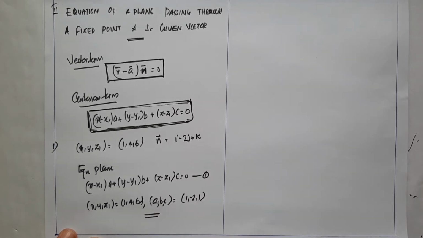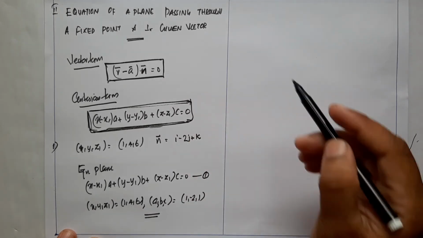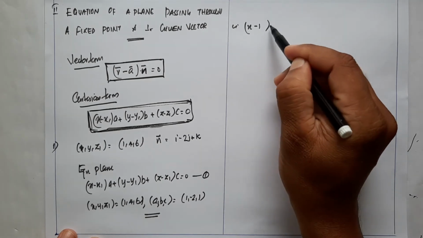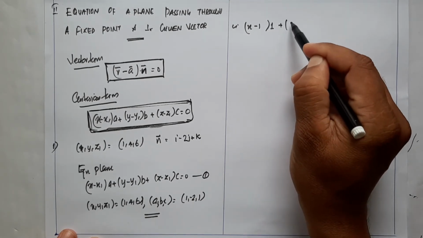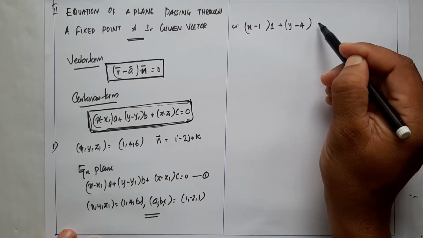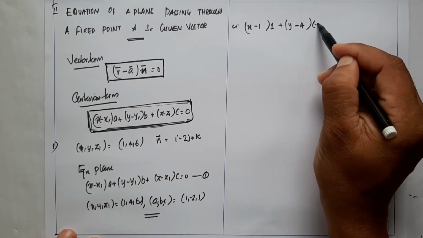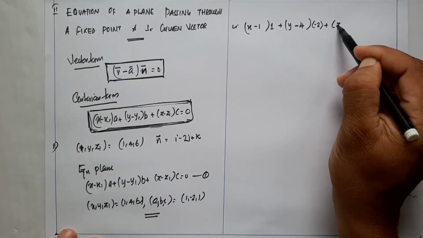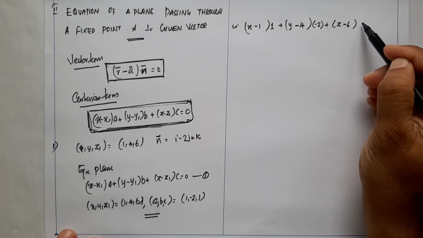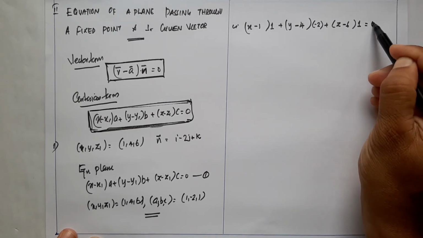Now substitute the values into equation number 1, we get x minus 1 into 1 plus y minus 4 into b, what is b? b is minus 2, plus z minus 6 into c, which is again 1, is equal to 0.